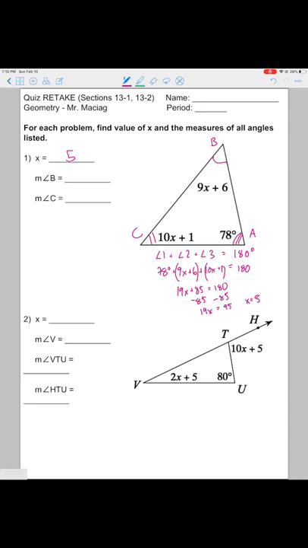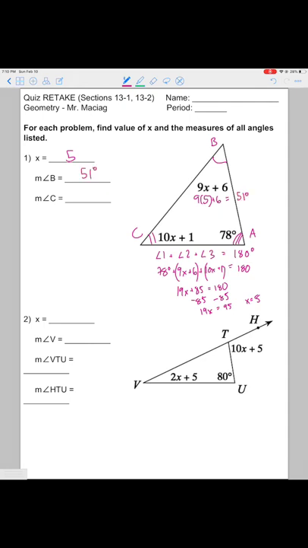Now we have to figure out B and C. I apologize for not having the letters on there, but we plugged 5 into this one to figure it out. 9 times 5 is 45, plus 6 is 51 degrees.